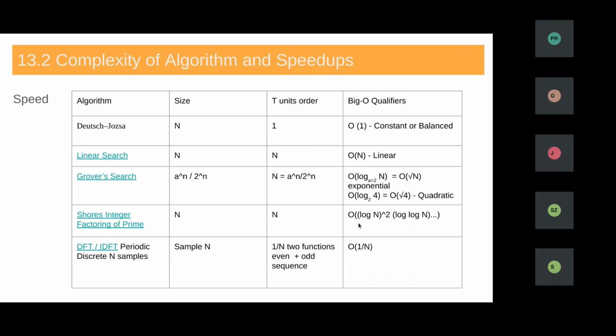Either way, here the order is log n, and we will also get into this factoring, which is important. The last one I should mention, which is very popular in communication algorithms, is the discrete Fourier transform and inverse Fourier transform, which is nothing but taking a function and splitting it into two parts, even and odd sequences, and if you apply that, then you can get it in 1 by n. So for size n, you can get it by 1 by n order, and that's the speed and complexity.